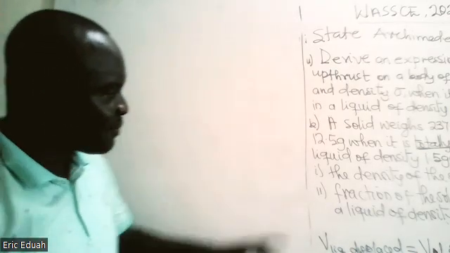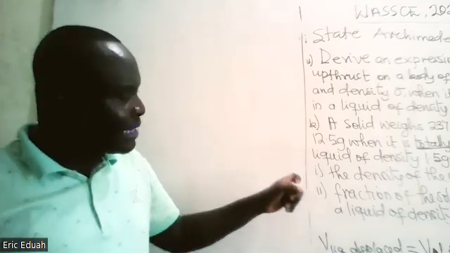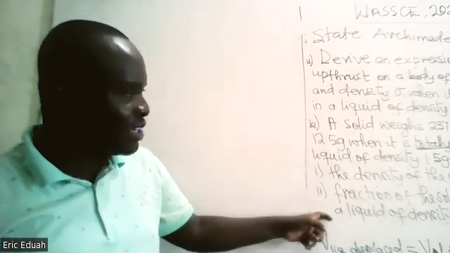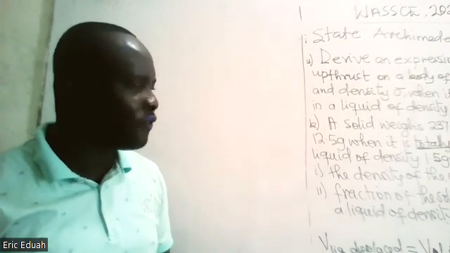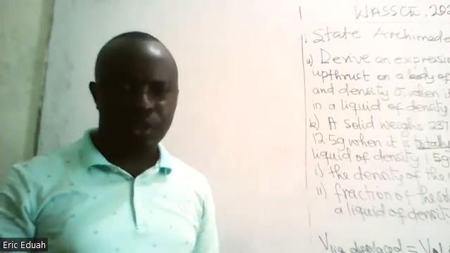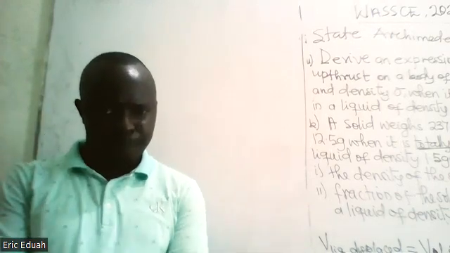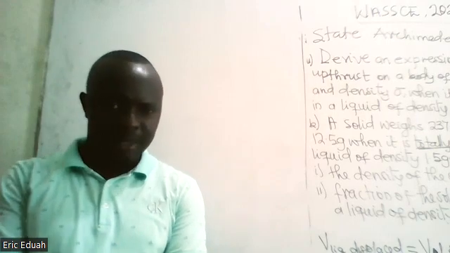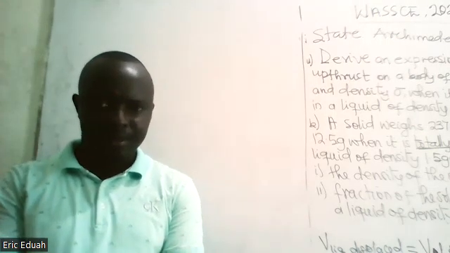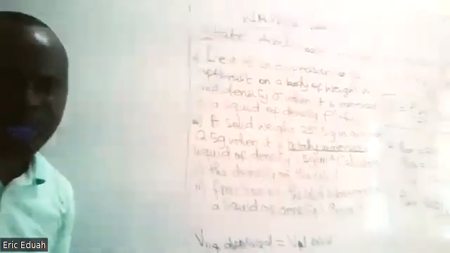Listen to the question. Calculate the fraction of the solid submerged in a liquid of density 1.19. Class, what does it mean? What does the question mean? You see, the question is right on the board.